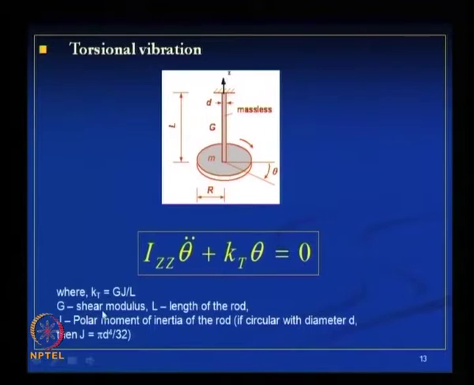G is the shear modulus, L is length of the rod, and J is polar moment of inertia of the rod. So, if we have a circular rod with diameter d, the expression for J will be pi d to the power 4 divided by 32.